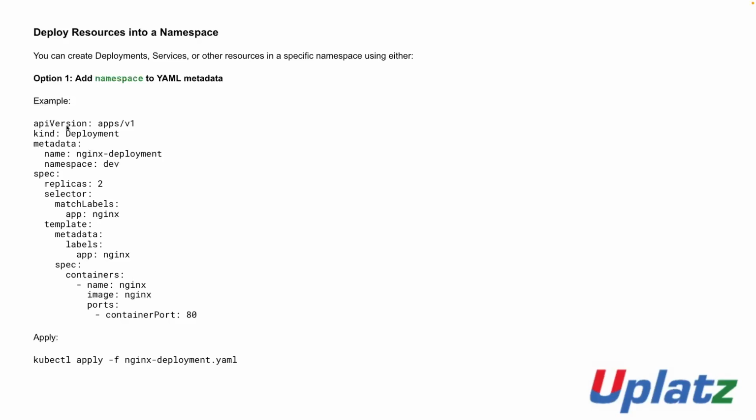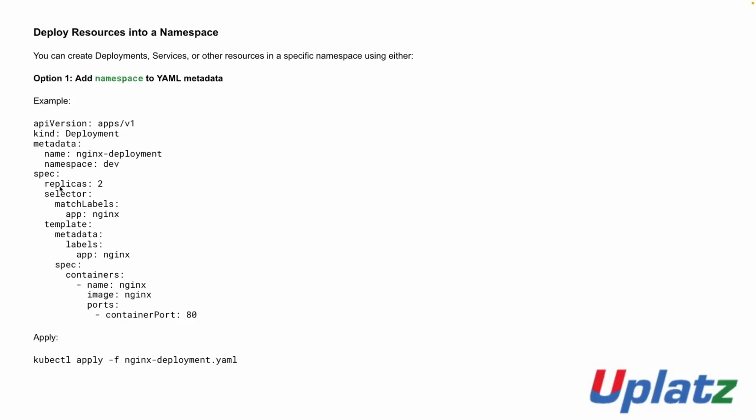apiVersion apps/v1, kind Deployment, metadata name nginx-deployment, namespace dev. This is a Deployment, in the namespace dev.